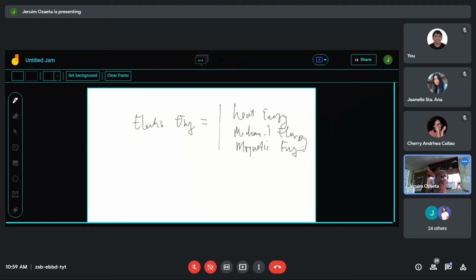Okay? Think about that these three elements that are produced by electricity always coexist.